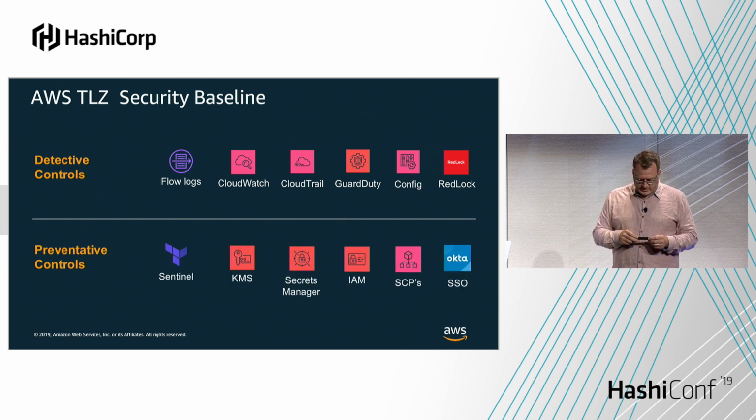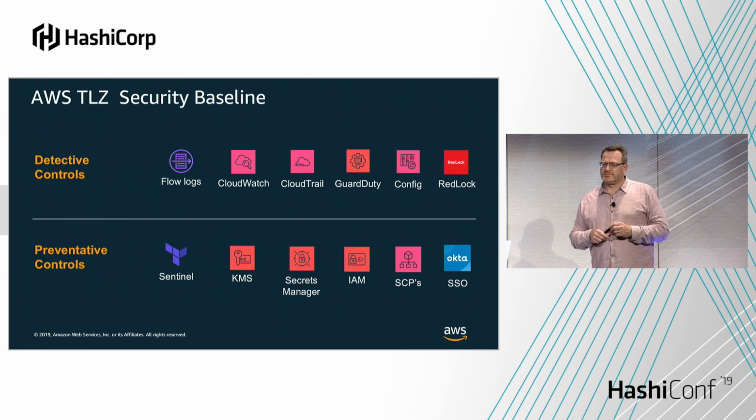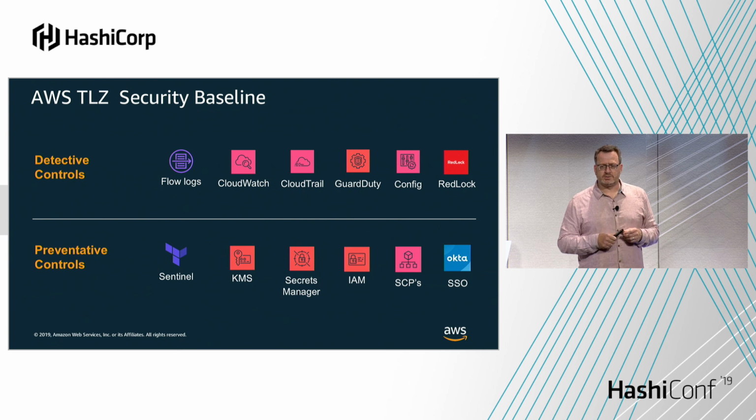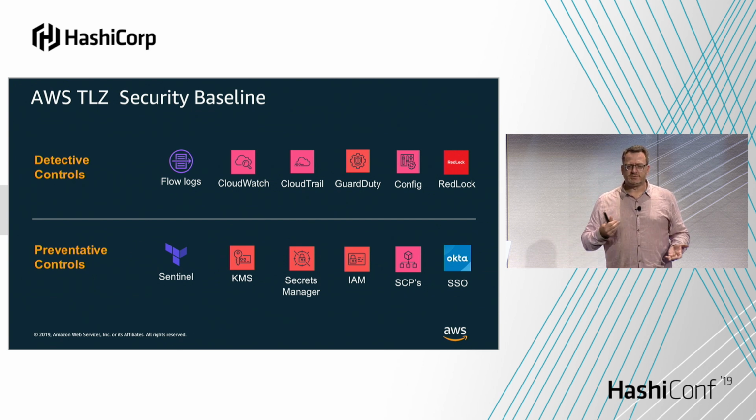So we've also built out, and one of the reasons why we like Terraform Enterprise and Terraform Cloud is we're a big proponent of Sentinel. So having Sentinel policies in there. KMS, treat it as a module, so you can do that for encryption. Secrets Manager, IAM, SCPs are a big thing, service control policies.